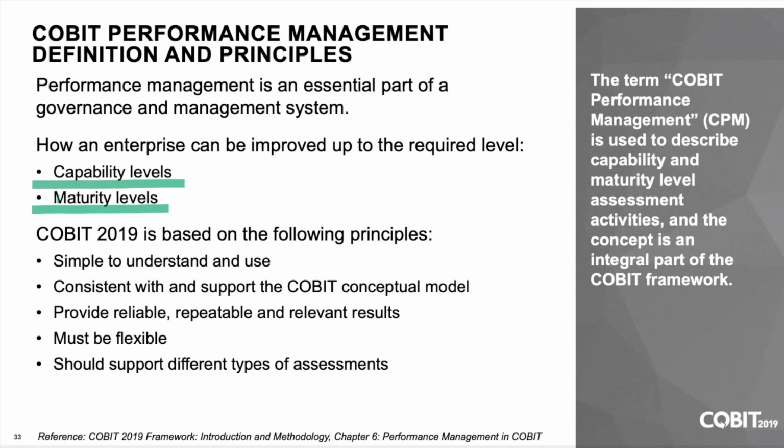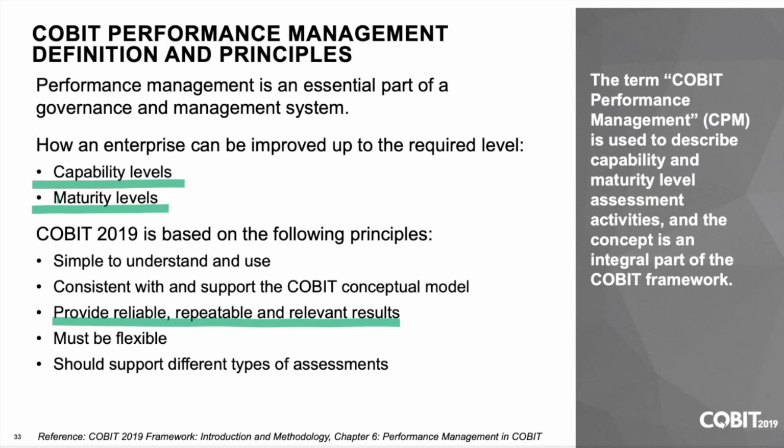So by setting it up in this way, you have a reliable and repeatable methodology, which also is very much results focused, and that can show how the capability and the maturity levels of an organization will evolve over a specific period of time. And that will really help you.